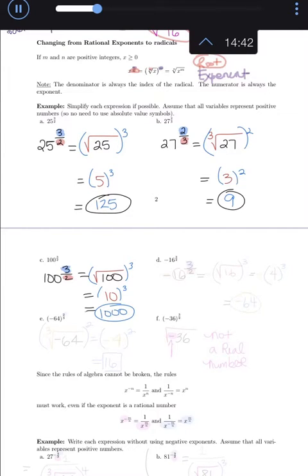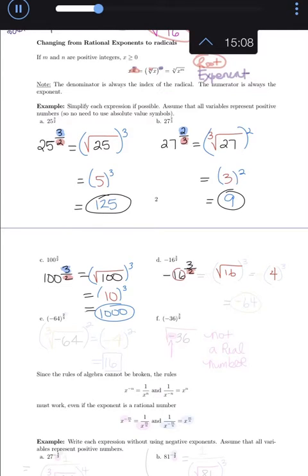In D, we've got -16 to the 3/2. The 2 on the bottom tells us we have a square root. There are no parentheses, so the square root is only on the 16. The square root of 16 is 4.